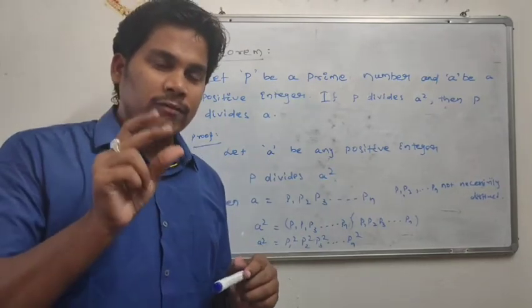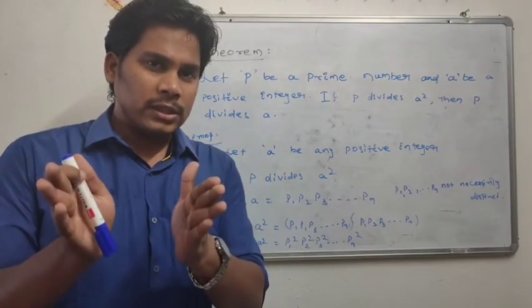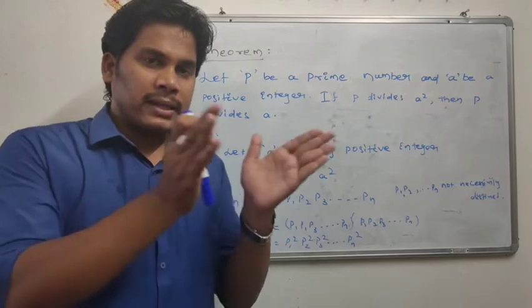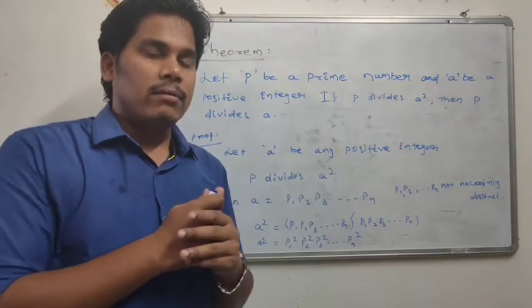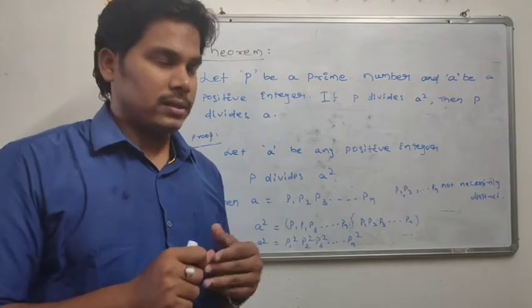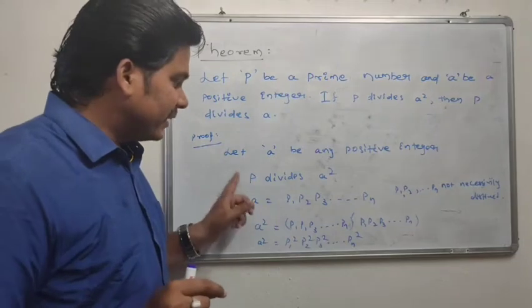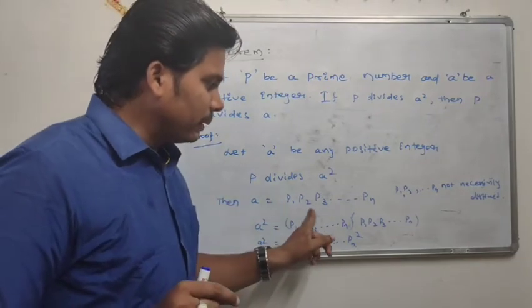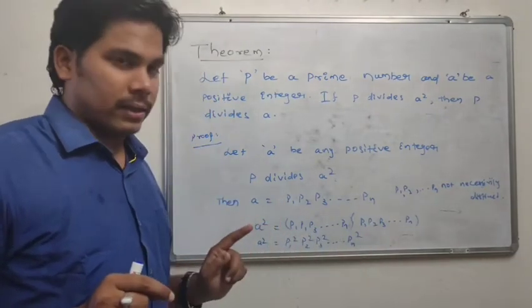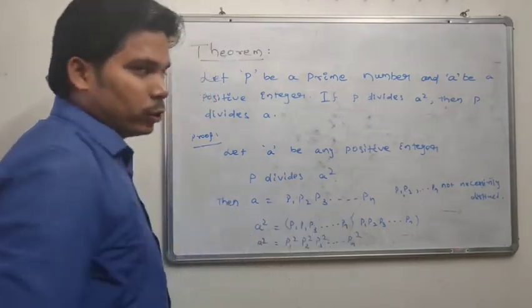Just to remind you of the theorem, it says every composite number can be represented as a product of prime numbers, and they are unique. As these are unique, we can clearly say this p is also one of the factors from p1 to pn, meaning p is within p1 to pn.